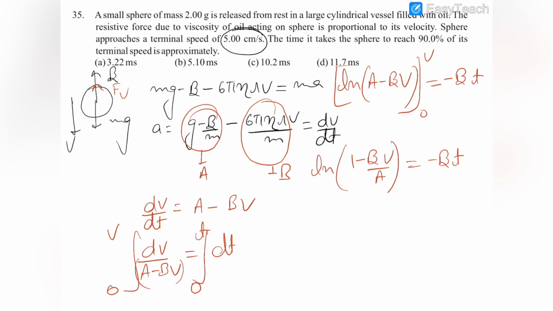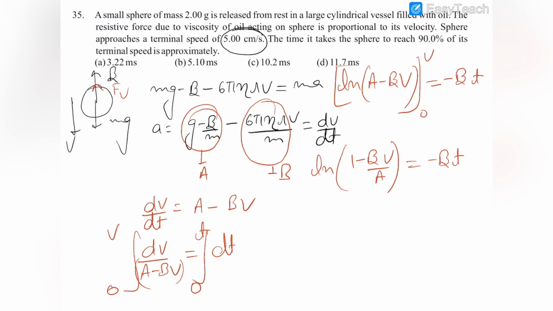What I've done is I've substituted the value v first in this expression, minus I've substituted the value 0. So when I substitute the value v, the term would be ln of A minus Bv, and when I substitute the value 0, the term would be ln A, and these two terms would have a negative sign between them, and therefore we can write it down as this one, because log A minus log B is log A by B.